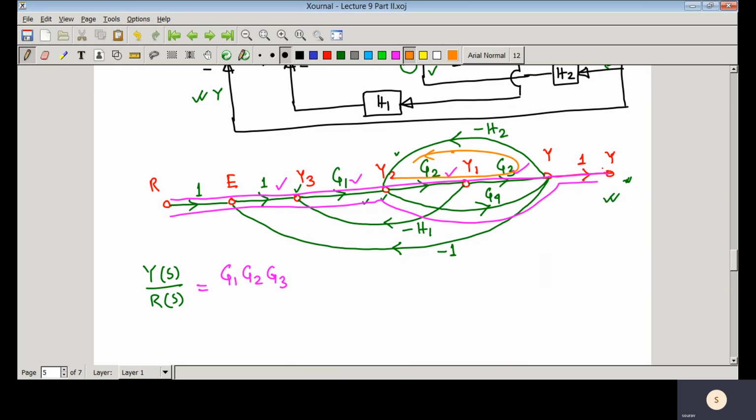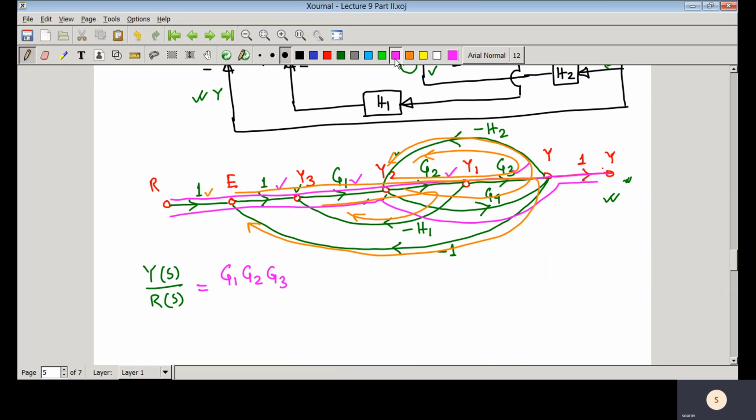Yes, there is one more loop here, and another loop, this one. You can see that there is no loop which is a non-touching loop with respect to the forward path. So this is the first forward path, and its gain is G1, G2 into G3.